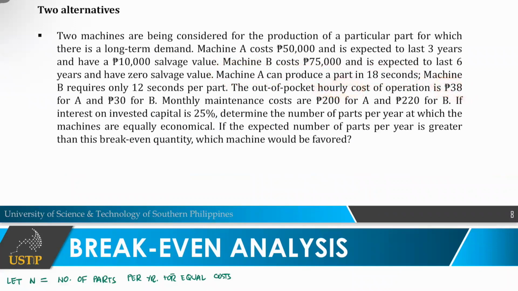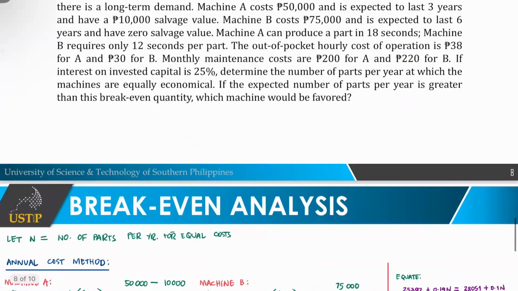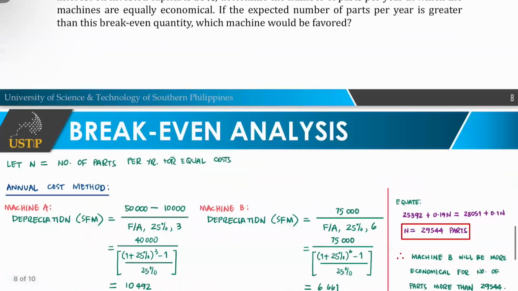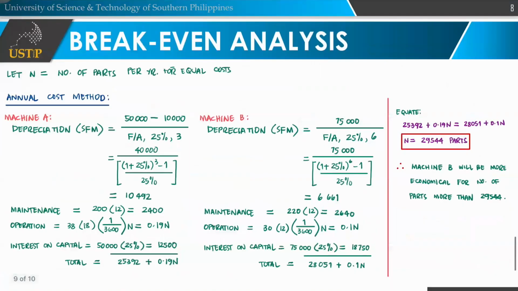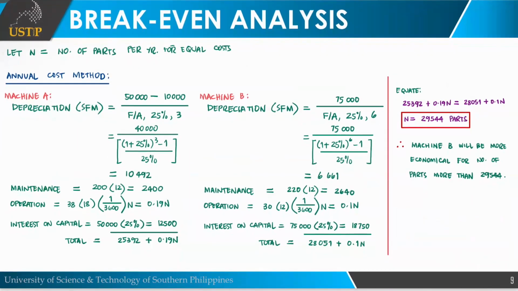From that, we convert. Don't worry about the hours and seconds, because we can cancel the time, and then multiply by n, the variable we let for the number of parts per year. So we stay consistent with the unit per year.